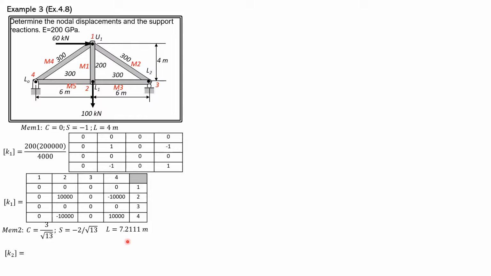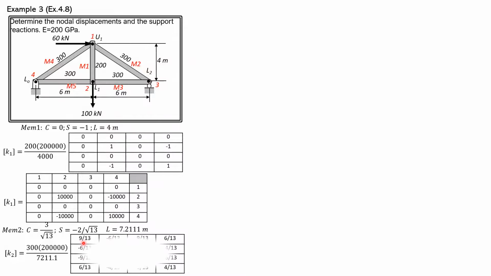Then K2 is equal to area 300, E 200,000 over length. So this is the length, then the quantity 9 over 13 for cosine square, CS negative 6 over 13, then their negatives.